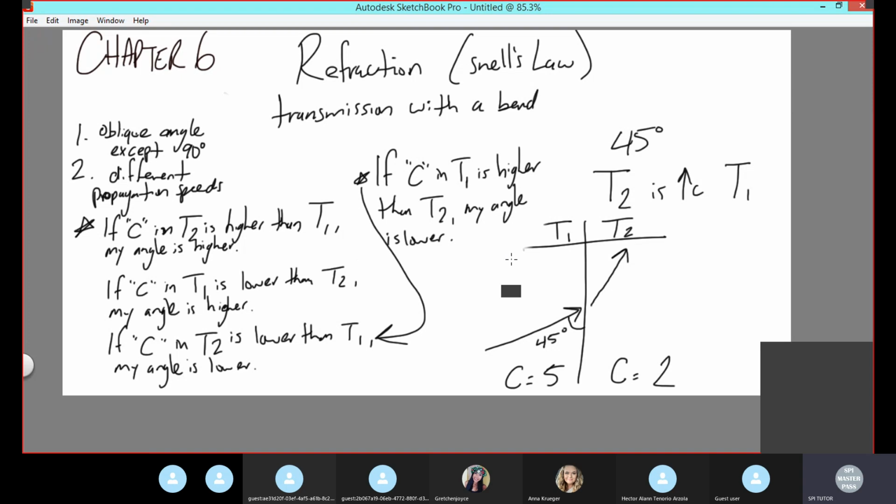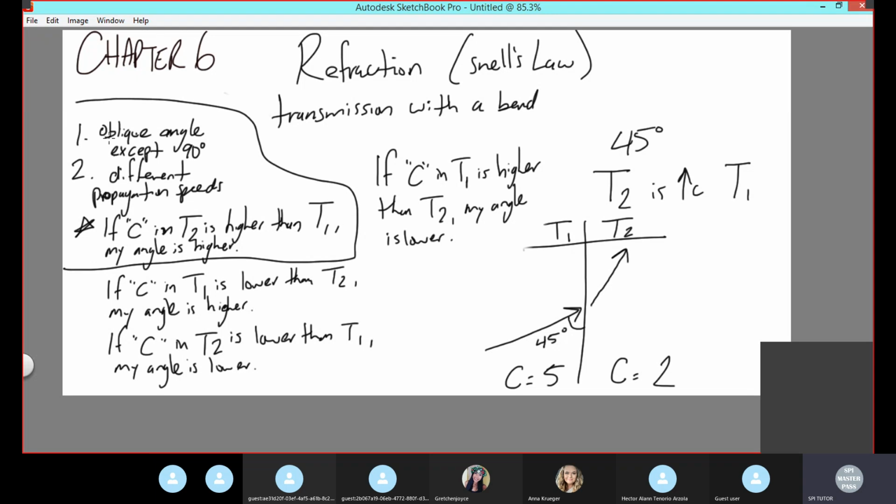Okay, so you only need to know these 3 rules. The first 2 rules to figure out that there is refraction. And then the last rule, because from that last rule, you can make this one, and this one. Just by knowing that first rule right there. Okay, just by knowing that first rule, you can figure out the other one.